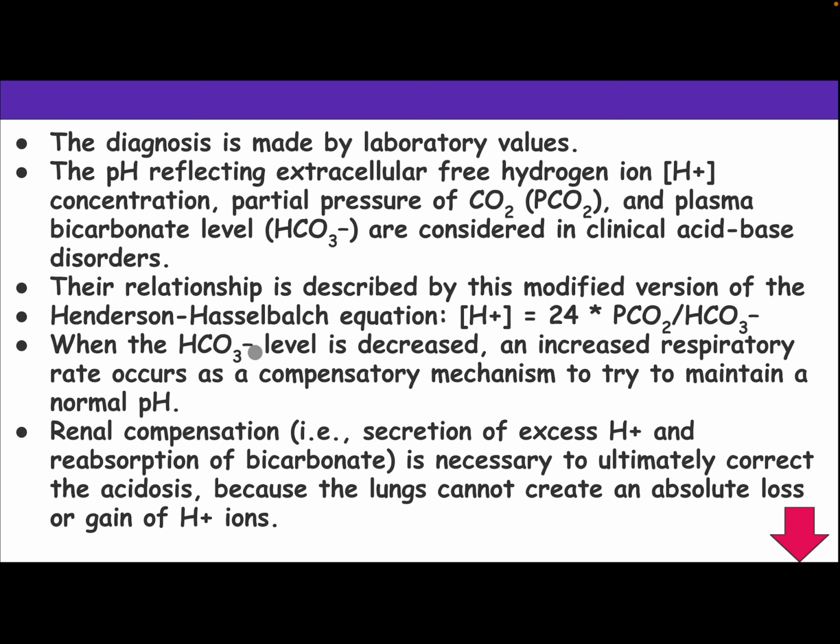When the bicarbonate level is decreased, an increased respiratory rate occurs as a compensatory mechanism to try to maintain a normal pH. Renal compensation, secretion of excess hydrogen ion and the reabsorption of bicarbonate, is necessary to ultimately correct the acidosis, because the lungs cannot create an absolute loss or gain of hydrogen ion.